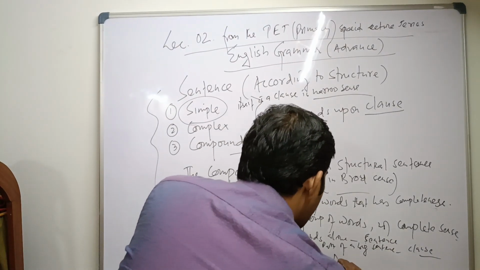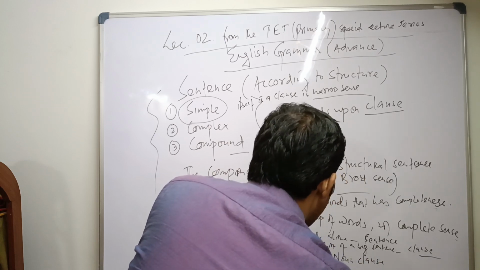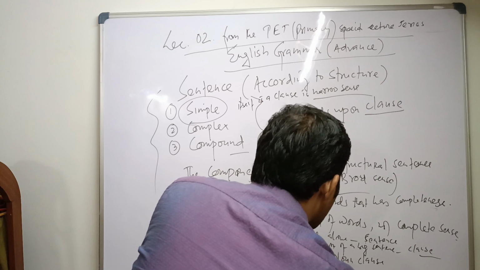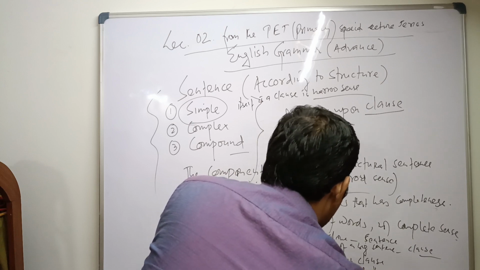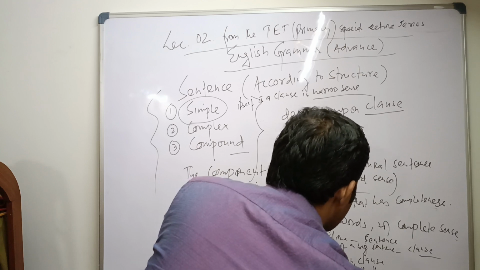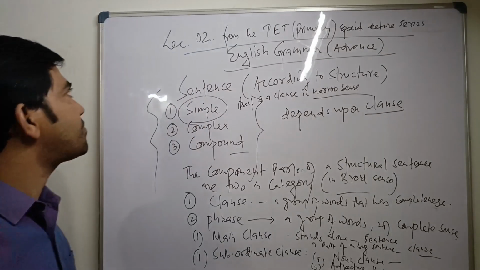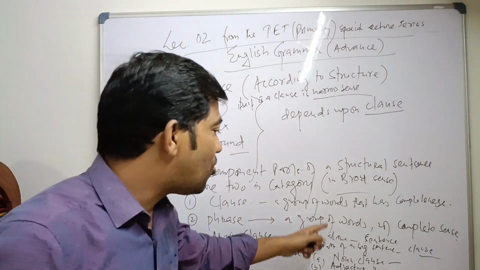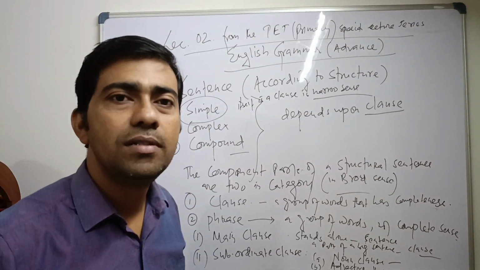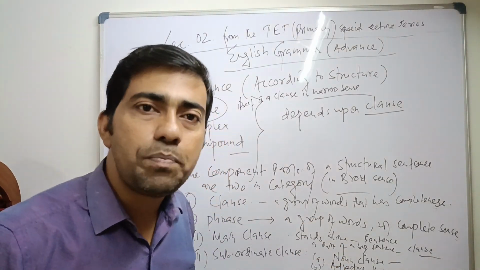A, noun clause. B, adjective clause. C, adverb clause. Why is it called noun, adjective or adverb? Why is it called following the names of the parts of speech?